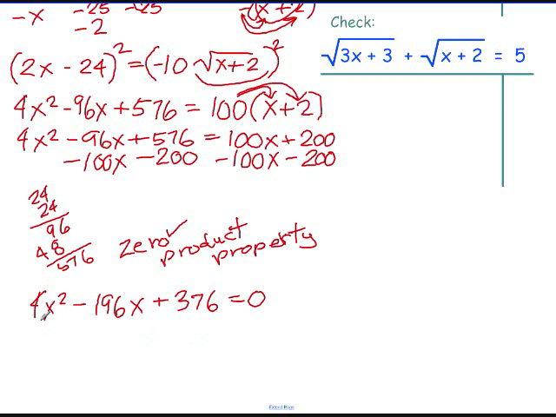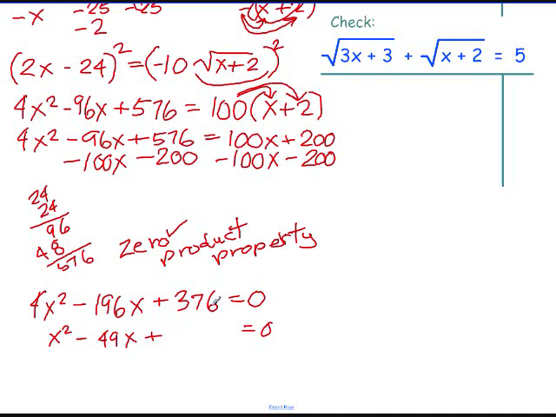One of the things that I'm noticing is that all of these are even numbers, which tells me I can at least divide them by 2, and maybe I can divide them all by 4. I'm going to try that first to see if I can divide this whole thing by 4. 0 divided by 4 will give me 0. 4x squared divided by 4 will give me x squared. 196 divided by 4 will give me, and of course it's a negative, 49x.